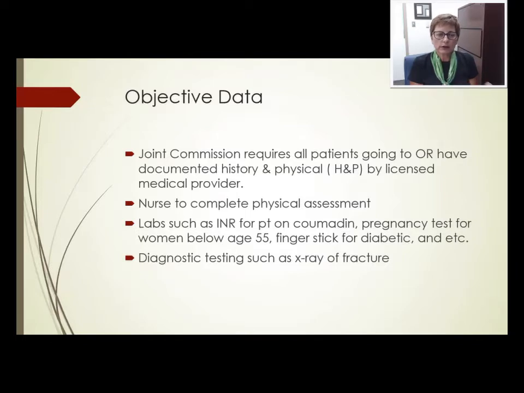A diabetic will need a finger stick. A patient on Coumadin will need to have an INR, and of course the Coumadin will need to be held for a certain number of days prior to the procedure. And then diagnostic testing will need to be done, such as an x-ray of a fracture, an ultrasound of, say, an ovary that needs to be removed that has cysts.